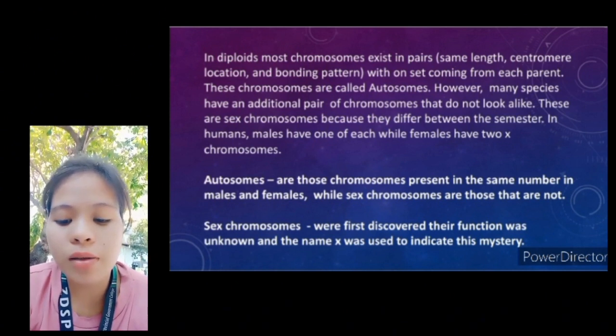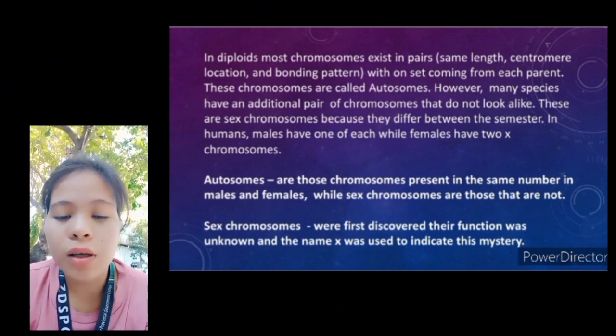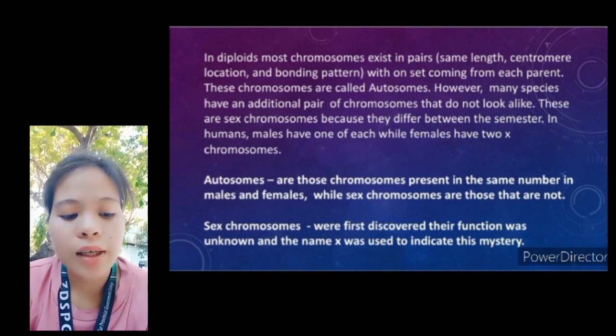In humans, males have one of each, while females have two X chromosomes. So the male has an X and a Y chromosome, and females have two X chromosomes.